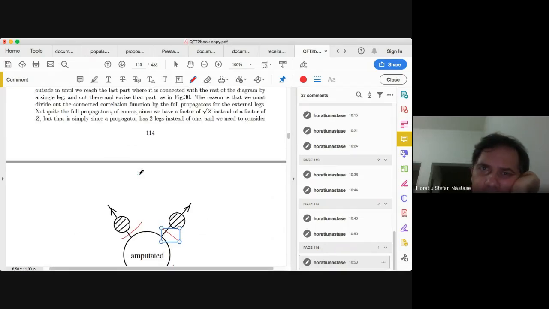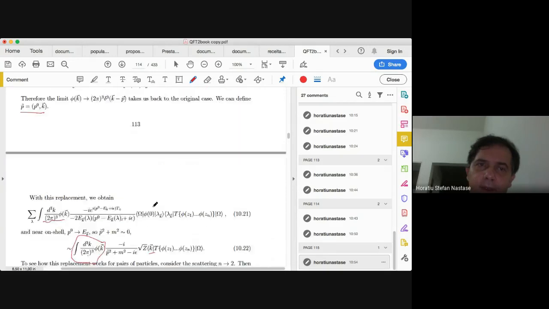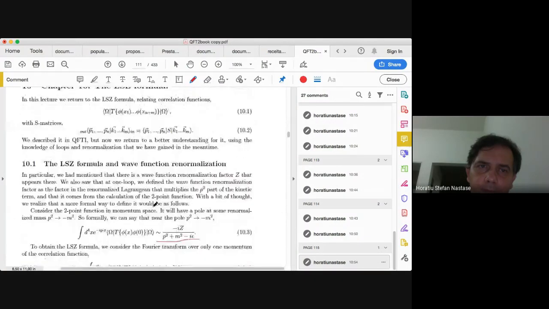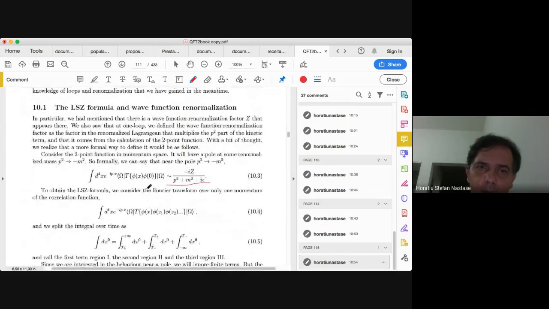So what does that mean? Well, as you can see here, what we have cut is actually the full 2-point correlation function. So we divide by this.